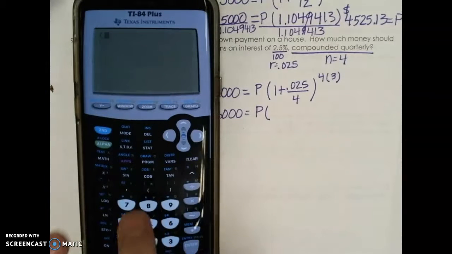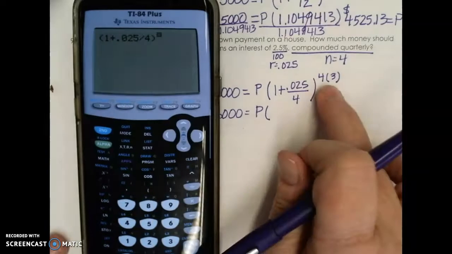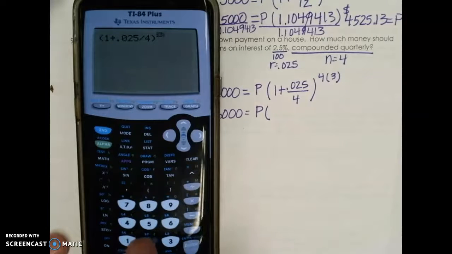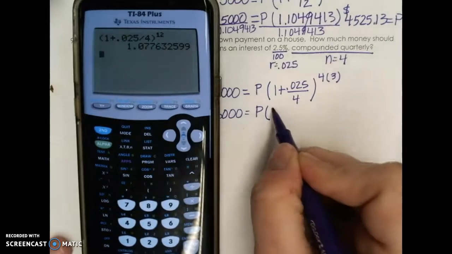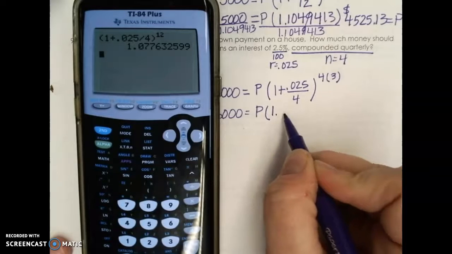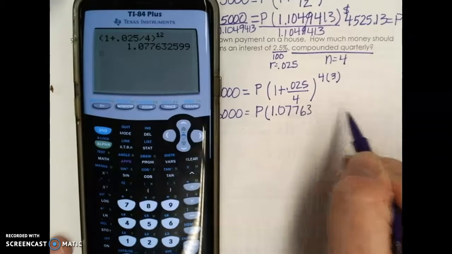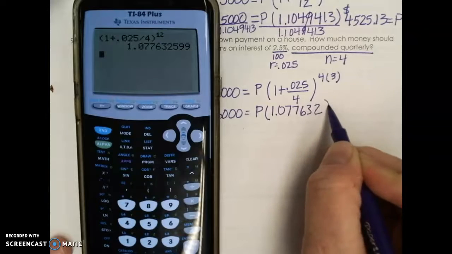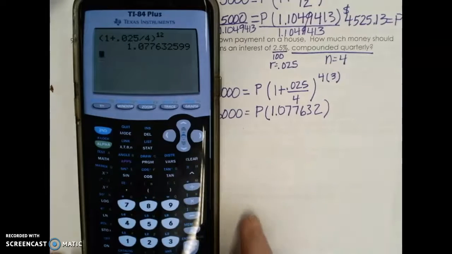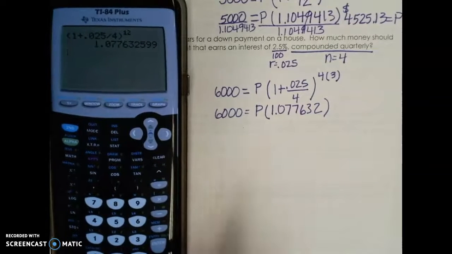We get parentheses 1 plus 0.025 divided by 4 raised to 12, because 4 times 3 is 12. Okay, and that gives me 1.077632. I'm just trying to get several decimal places out there and not stop too early.